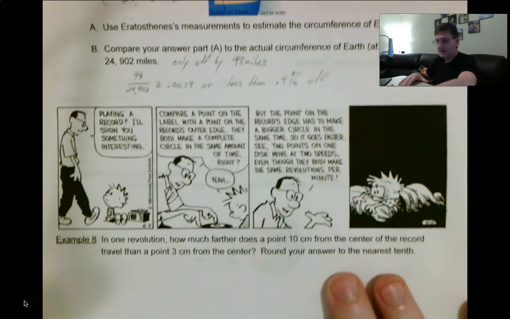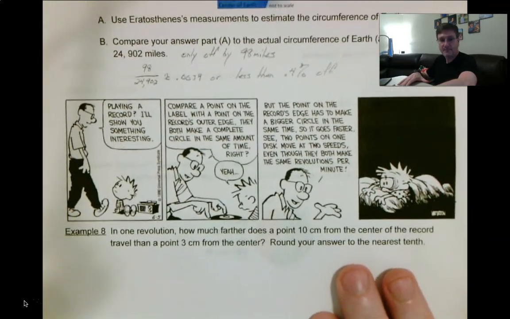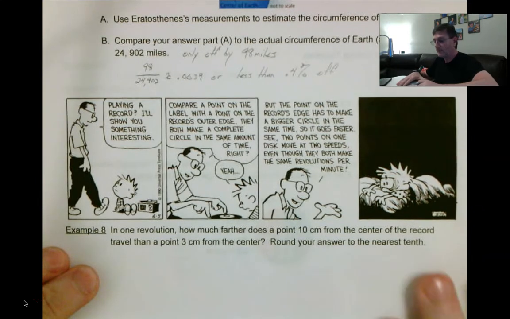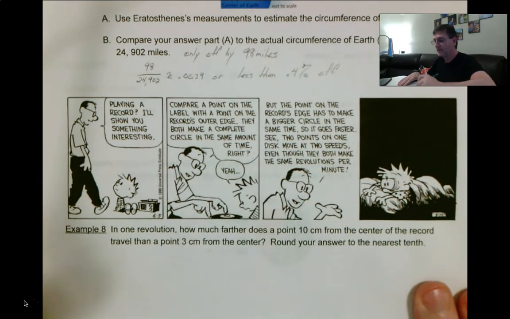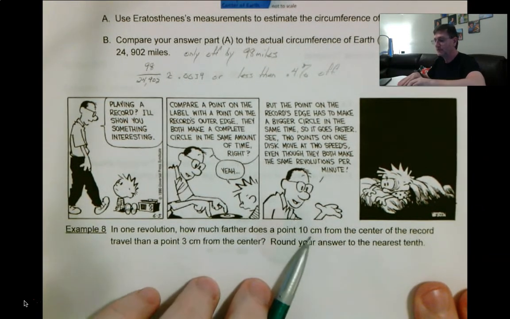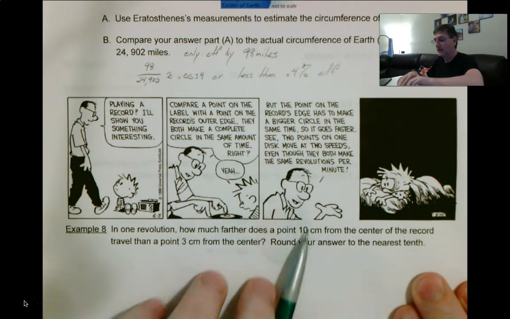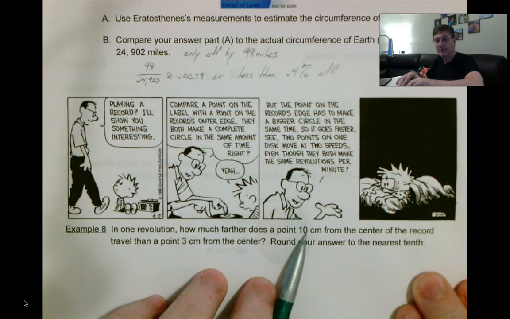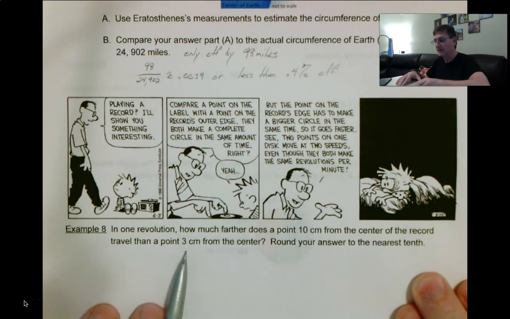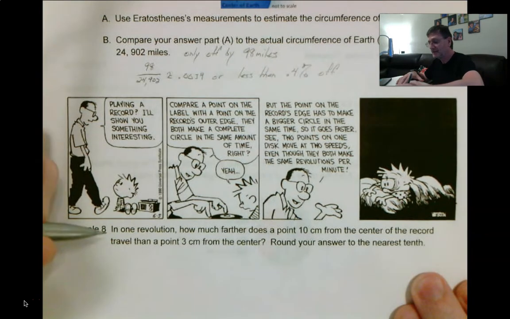All right, example 8. In one revolution, how much further does a point 10 centimeters from the center of a record travel than a point 3 centimeters from the center of a record? This point's going to travel further because it's got a bigger circle to go around than this point does. So what's the circumference of the point 10 centimeters away?